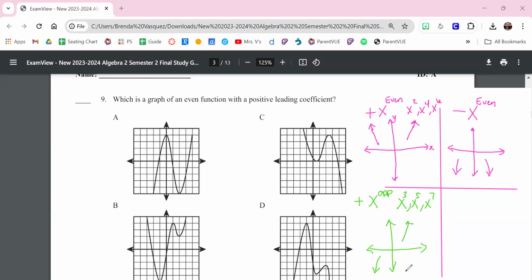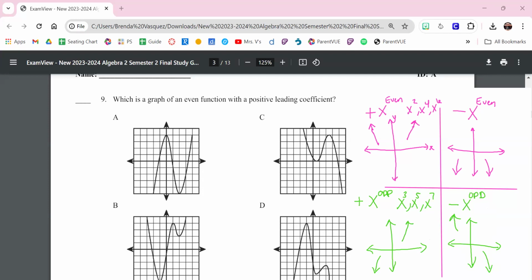Now, the same thing happens when it has a negative leading coefficient with an odd exponent. My end behaviors swap. So instead of going down from the left side, it goes up on the left side, and on the right side, it goes down.